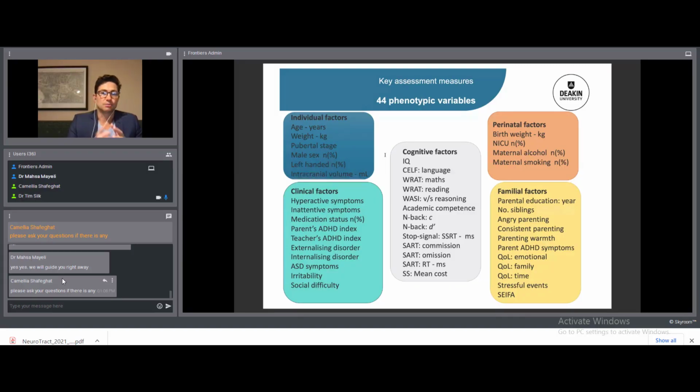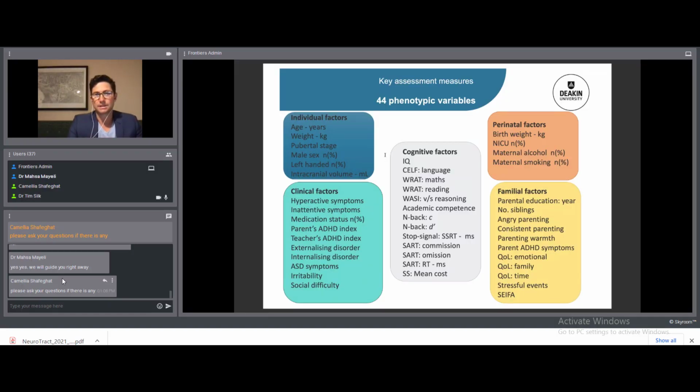We also had some perinatal factors, so these are retrospective data that we had, but their birth weight, whether they spent time in a neonatal intensive care unit, or whether the mum smoked or drank alcohol during pregnancy, as well as a range of family factors such as parental education, parenting styles, family quality of life, things like that. So we had all of these brain networks that had covariation, we had 44 different phenotypic variables, and we put them all together to look for multivariate association.